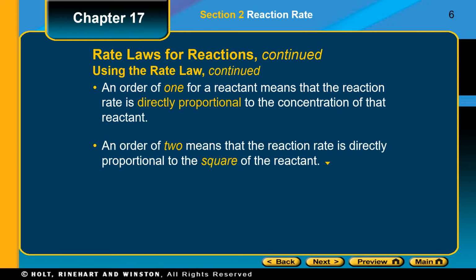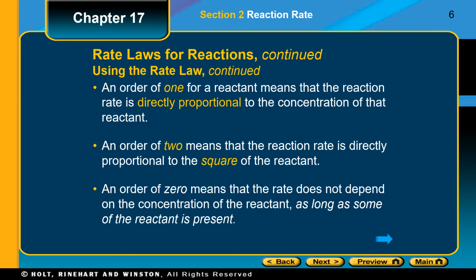An order of 2, in other words, if I use a power of 2 after the concentration of that reactant, means that the reaction rate is going to be directly proportional to the square of the reactant, like we had for nitrogen monoxide. We found out that whatever I did to the concentration, I squared that, and that was how many times more the rate.